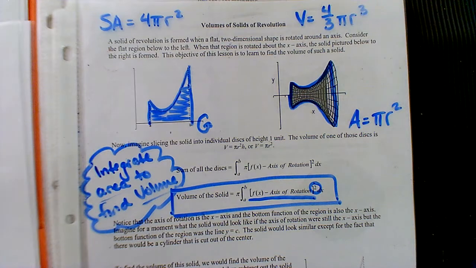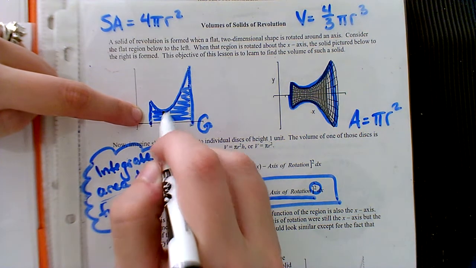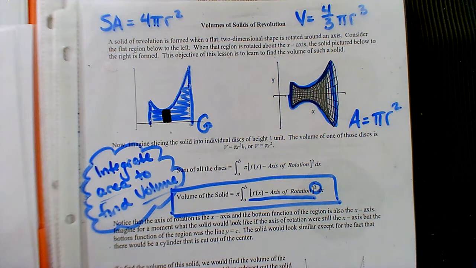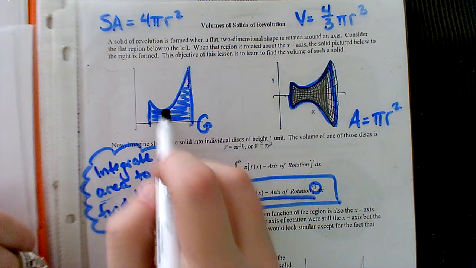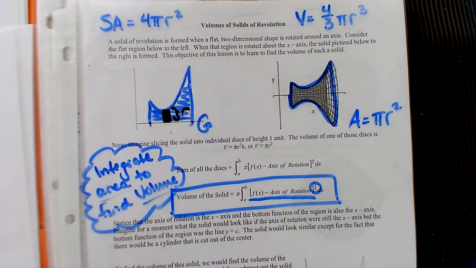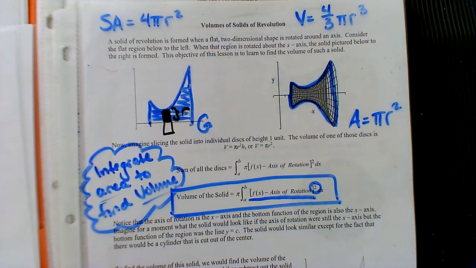This is where we need to analyze the area graph itself. If we were to draw a little rectangle in that area, and we were to revolve it in a circle, this rectangle is your radius. Because if you make it into a circle, you're going to get the same rectangle down below.